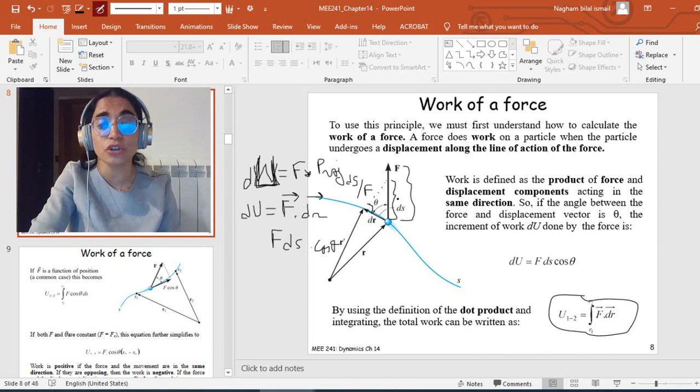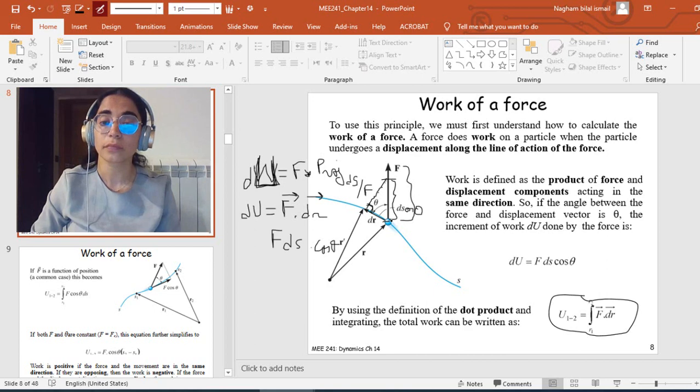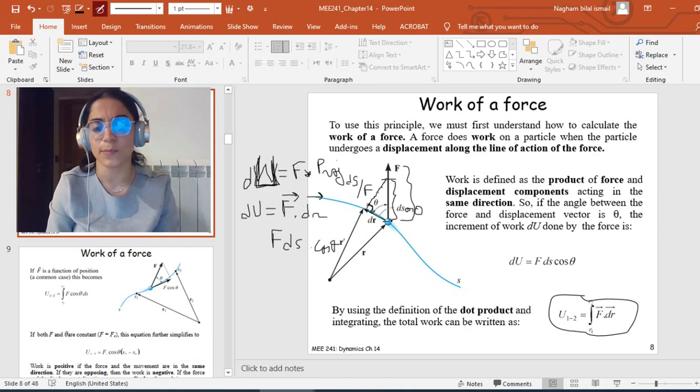So this is the projection of dr on F, because of course this is the perpendicular line, here at 90 degrees. So the projection of ds on this force here is ds cosine theta, and it's equal to this distance right here. And of course, guys, theta will be the angle between the force and this dr. What does this mean?